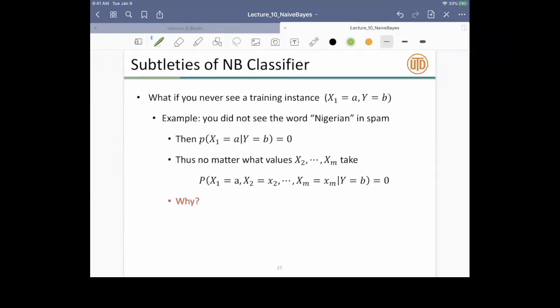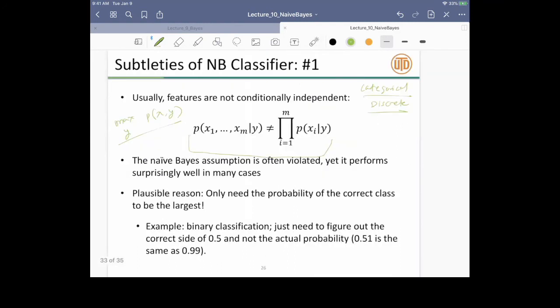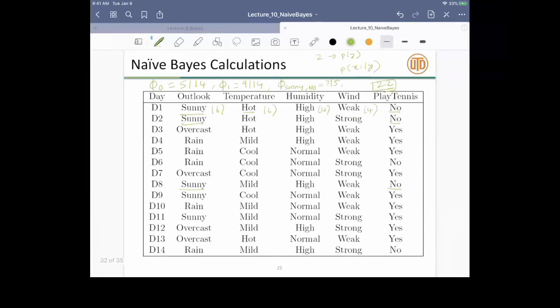The other issue with naive Bayes is that if you never see a particular training instance, for example, here you never see a training instance with overcast and no tennis, then with just 14 training examples your model will be confident that whenever it is overcast, you don't play tennis.